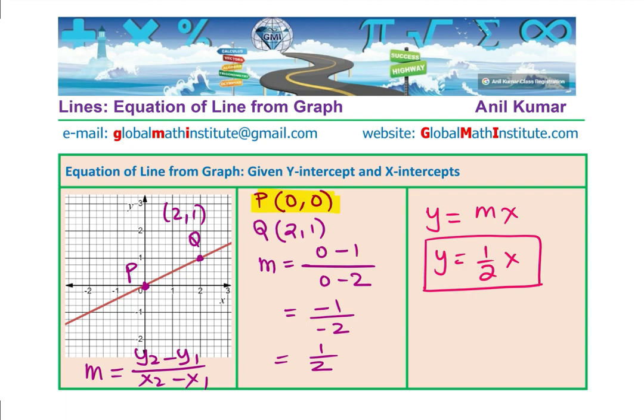Here, note, since it goes through the origin, the y-intercept is 0. Perfect. So I hope you have understood how we find the equation of a line when intercepts are given to us. But if the line goes through the origin, you need another point on the line to identify it. Perfect.